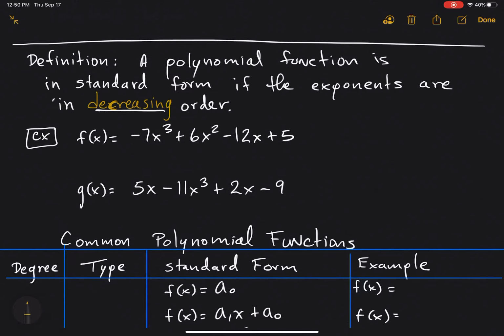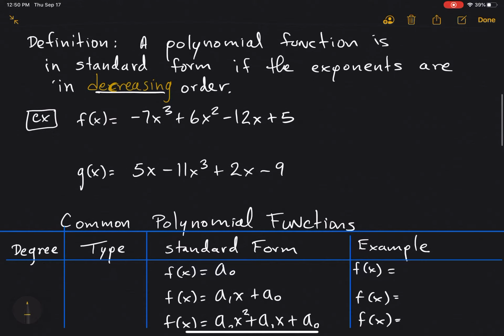For example, f of x equals negative 7x to the third plus 6x squared minus 12x plus 5 is in standard form because the exponents go from 3 down to 1 and then no exponent at all. So we call that standard form.